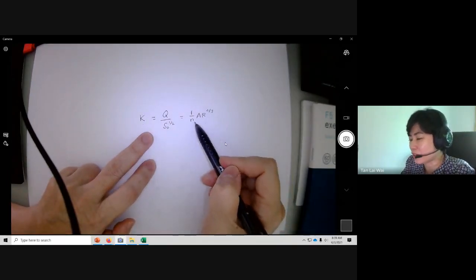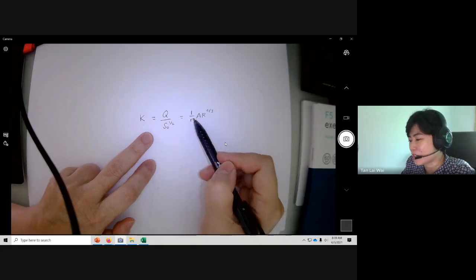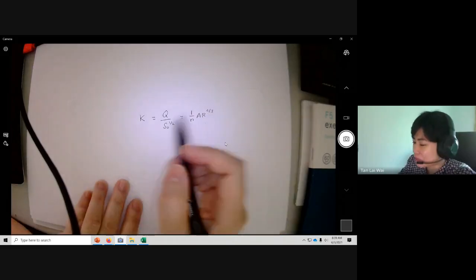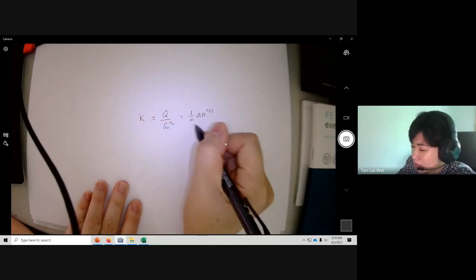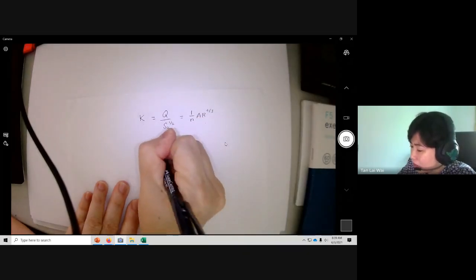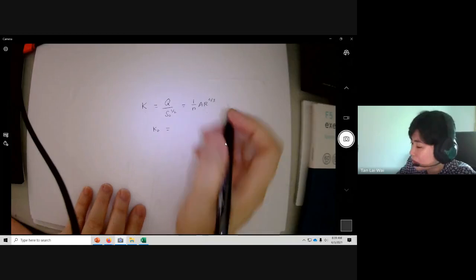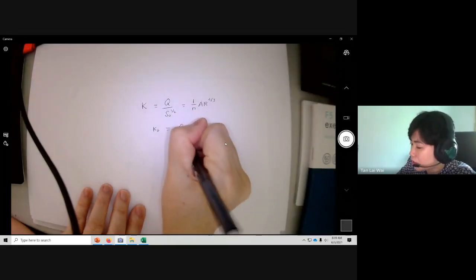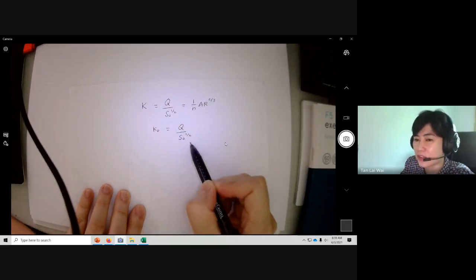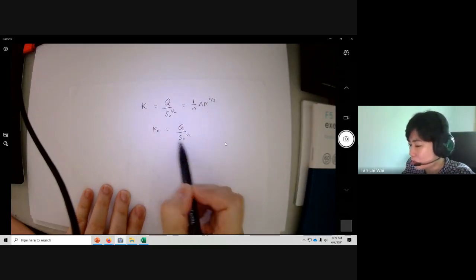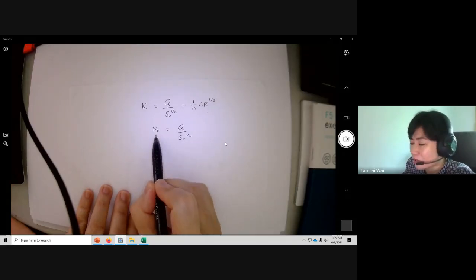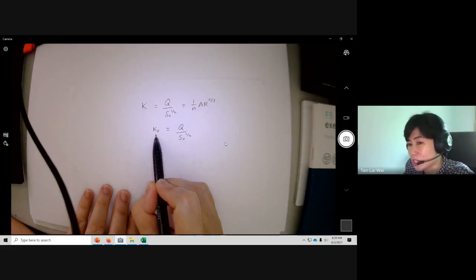Of course, if you are using Chezy, it should be CAR to the power of half. This is when using Manning. So if I want to find K naught, it would be Q over S naught, because typically Q is constant, S naught is constant, which will give you uniform flow as well. Therefore, the conveyance is uniform as well, the initial one.